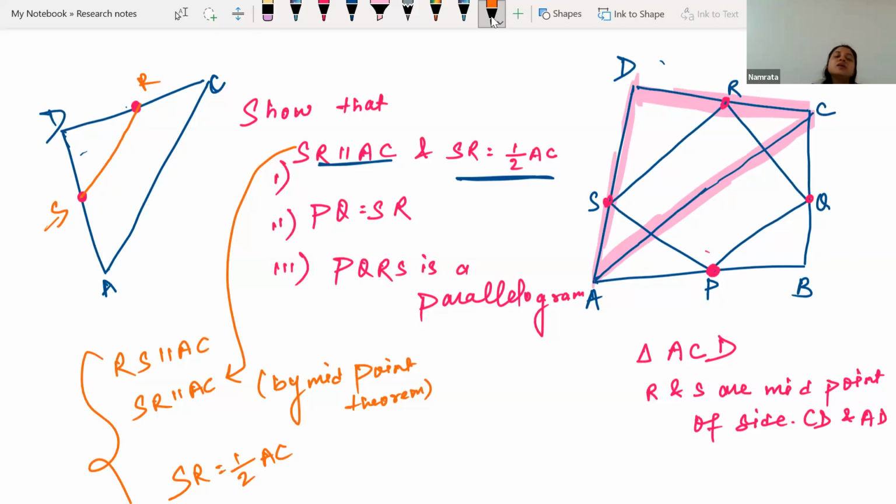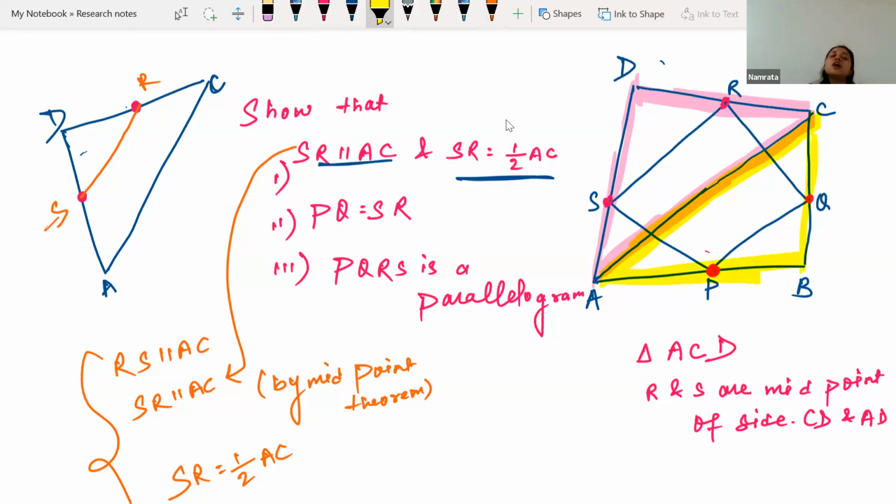What about the next part? The next part says PQ and SR are the same. To prove that PQ and SR are the same, we will be focusing on this triangle, the yellow triangle now.